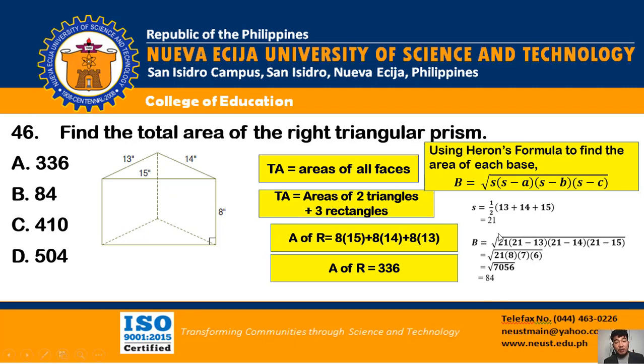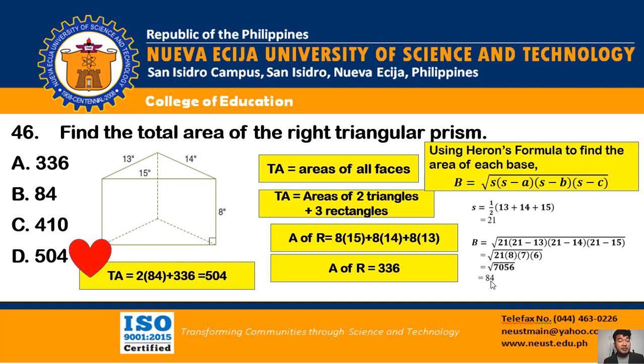Then substitute 21 into Heron's formula, and you will get the area of the base, which is 84. Take note that we have two triangles here, so we multiply 84 by 2 and then add 336, that is equal to 504. So the total area of this triangular prism is 504.